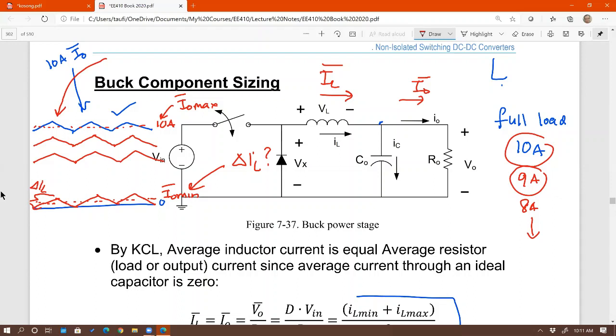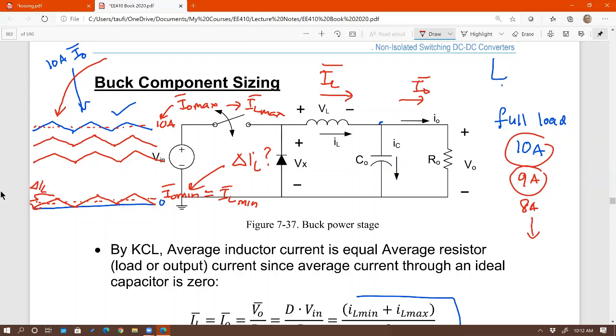Remember that I out average is the same as IL average, okay? So this is IL average min, and this is also IL average max. Now keep in mind that the average of inductor current is equal to IL max plus IL min divided by 2.